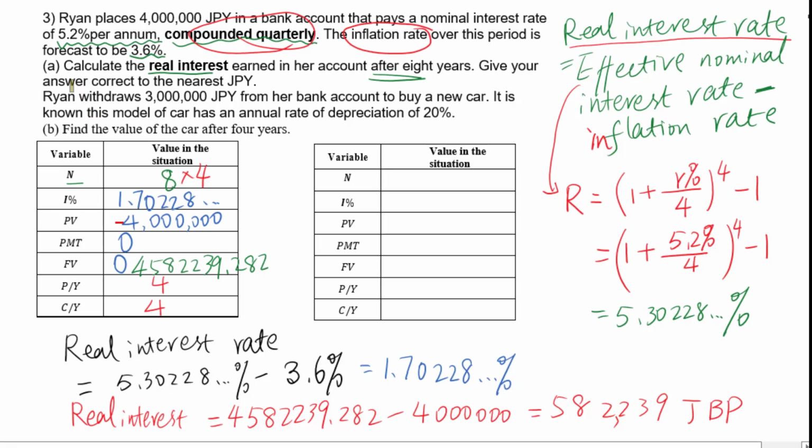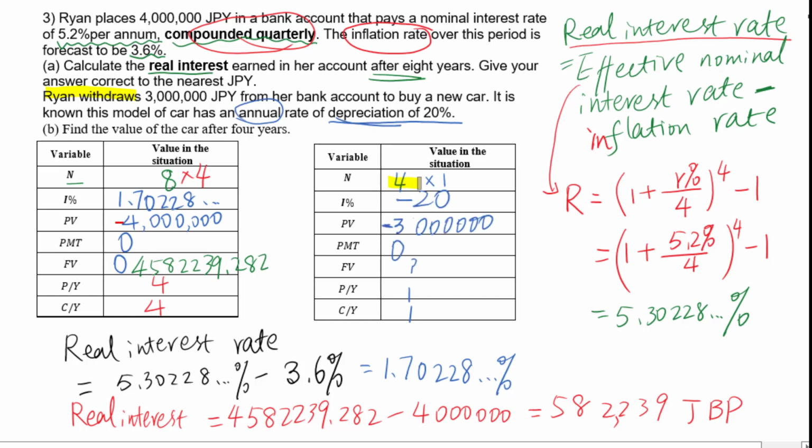Let's go to B. Ryan withdraws 3 million JPY from her bank account to buy a new car. It is known this model of car has an annual rate of depreciation of 20%. Find the value of the car after 4 years. N is 4 times 1, because the depreciation rate is annual.